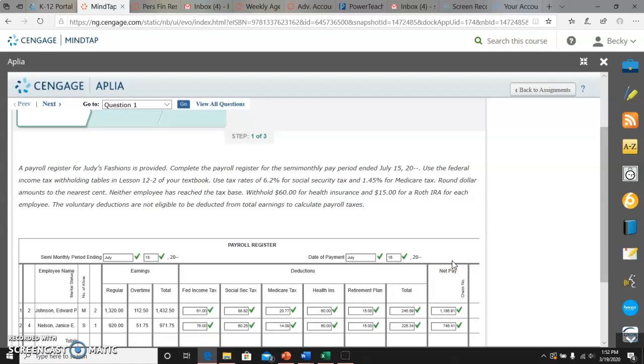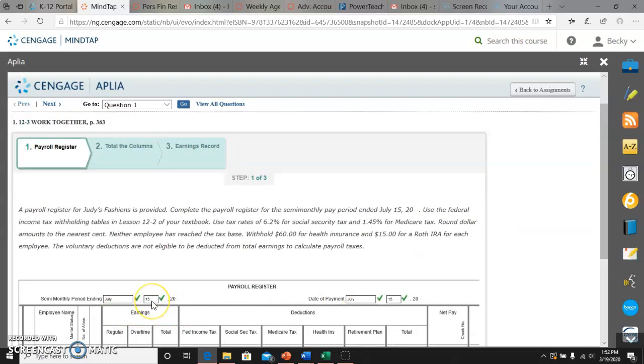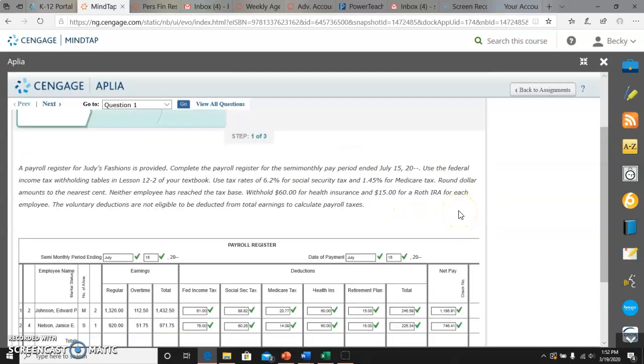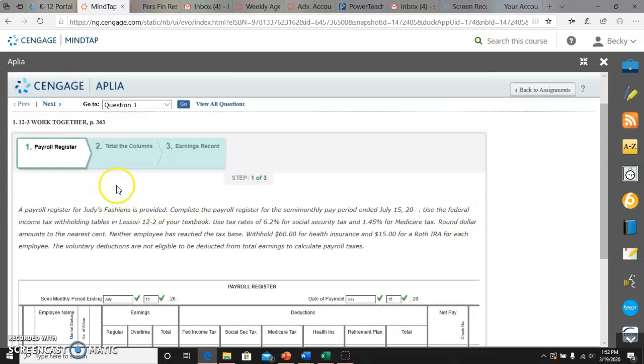That's easy enough. I was just putting the day in the wrong box. And then put the date of payment as well, July 15th of 2000 whatever.